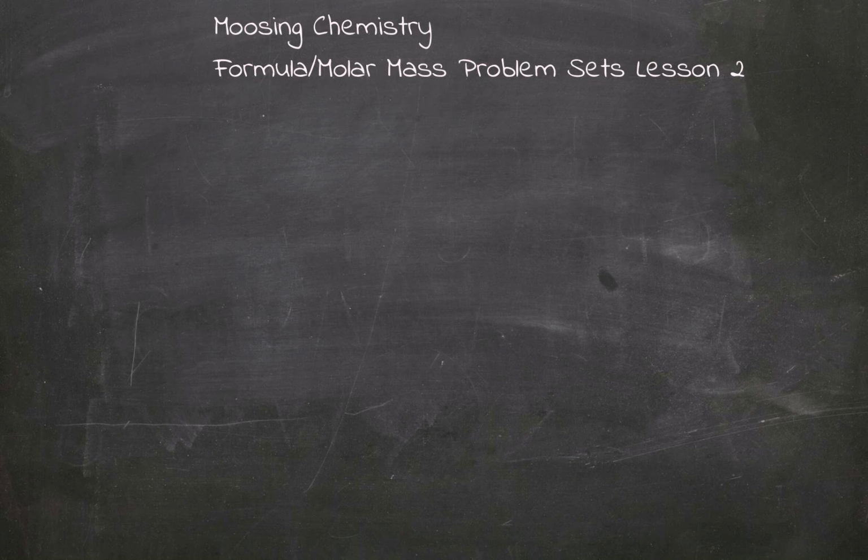Let's try H2SO4, so we're going to do that one. We're going to do, let's say, KCl. MgCO3, and I'd like to try a couple more. Oh, here's a good one.